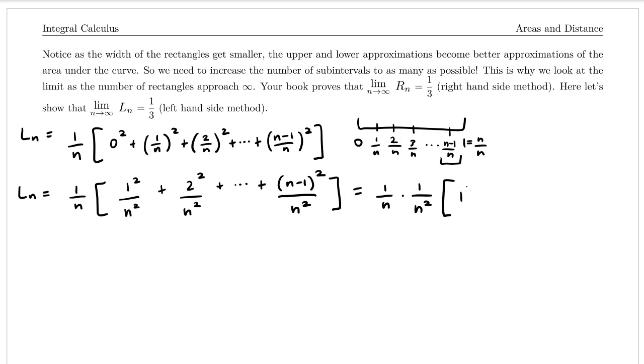What's going to be left over? Well, we'll have 1 squared plus 2 squared plus 3 squared, and then that will continue, and our last term will be n minus 1 quantity squared. We have L sub n is equal to 1 over n cubed times, let's take the thing inside of the brackets, this long summation, and rewrite that in sigma notation.